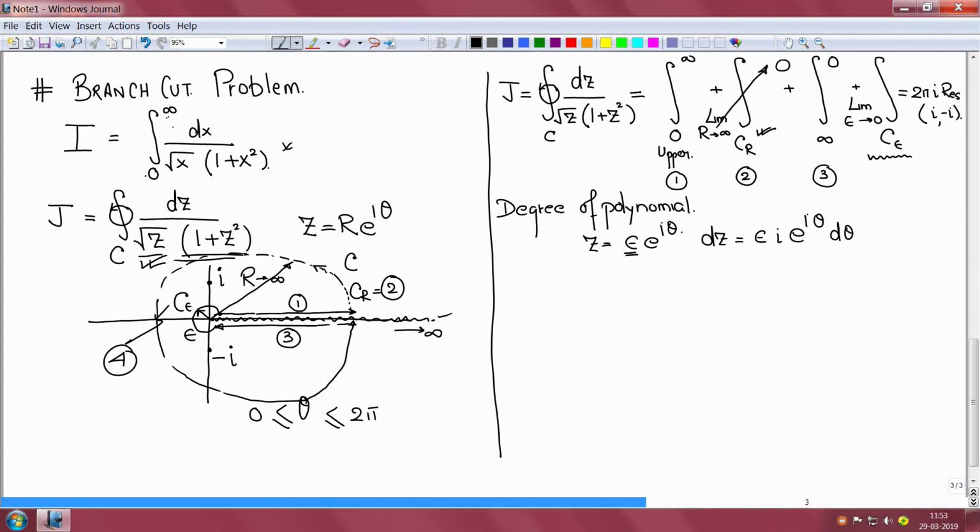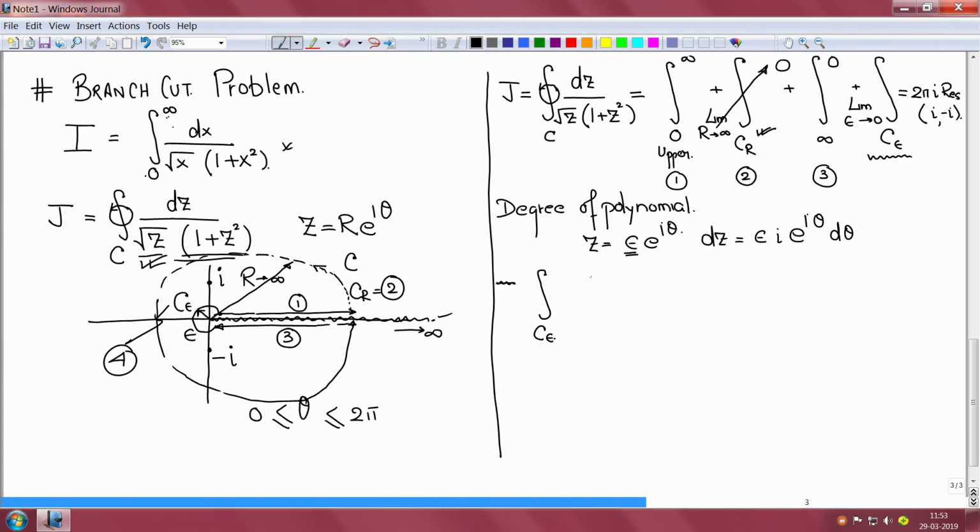Then if we substitute this back into the integral along C epsilon, we will put the theta limits on that in a minute.